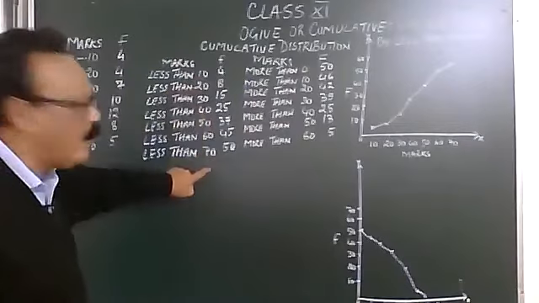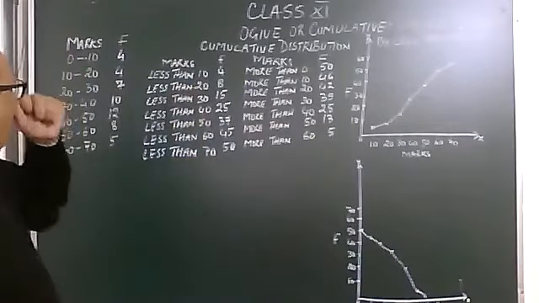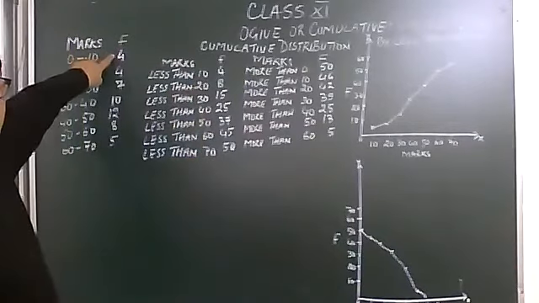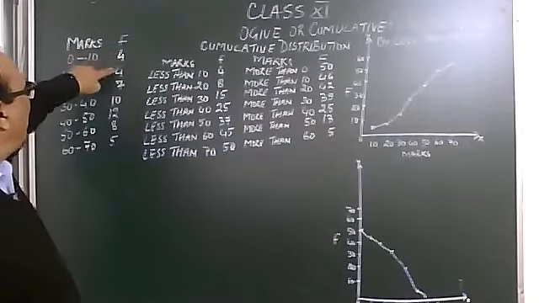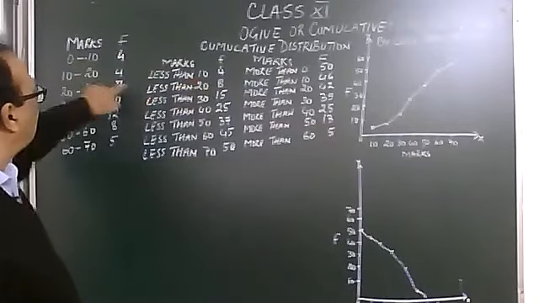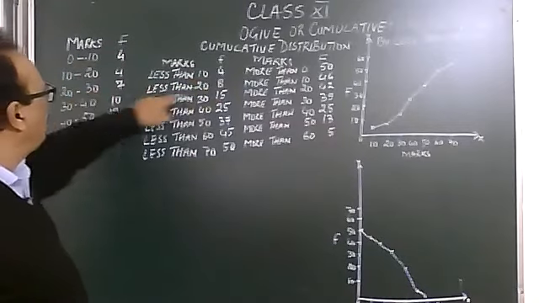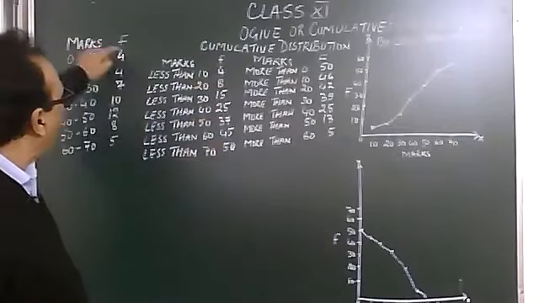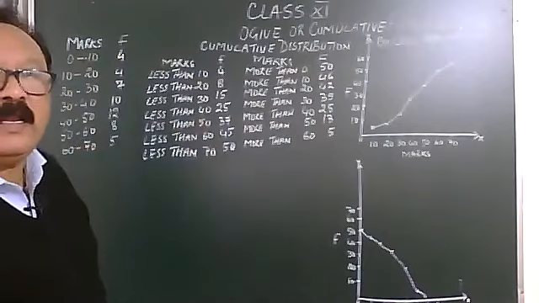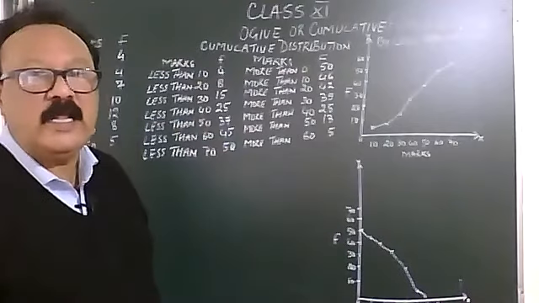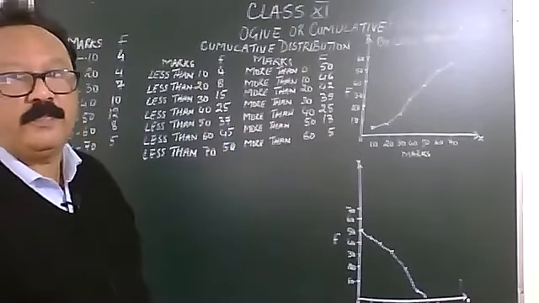This is what we have done over here. And then the frequencies which are given to you, you will add them up, accumulate them. Like 4 plus 4, 8 plus 7, 15, 15 plus 10, 25, and so on. We are accumulating the frequencies in the less than method.